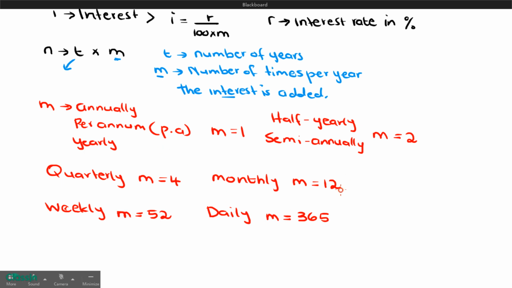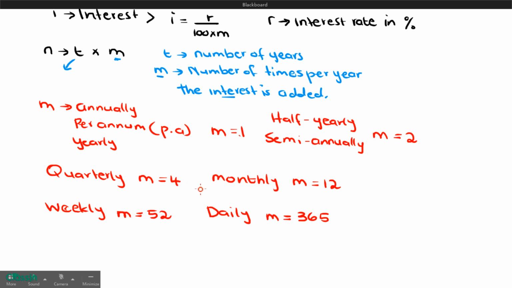So all these values complete 1 year, because annually is 1 year. Semi-annually, there are 2 halves in a year: January to June, and July to December. Then quarters, we have 4 quarters in 1 year.